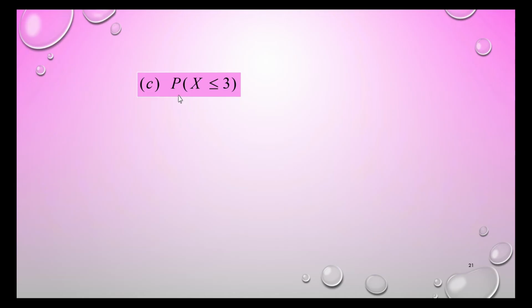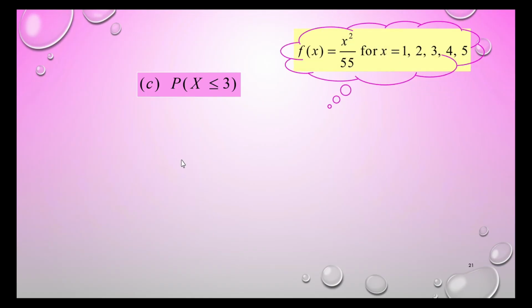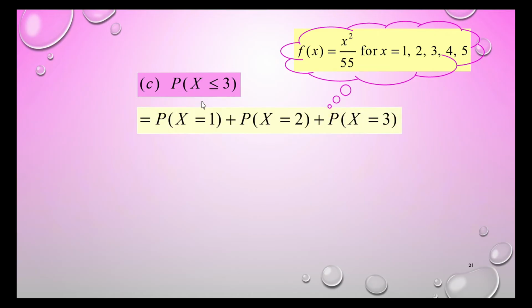C, P(X ≤ 3). The given function is f(x) equals x squared over 55 for x equals 1, 2, 3, 4, and 5. So, P(X ≤ 3) equals P(X = 1) plus P(X = 2) plus P(X = 3) only.